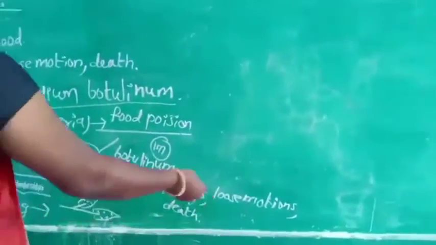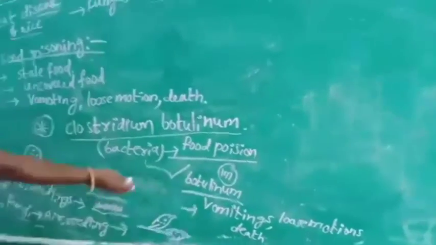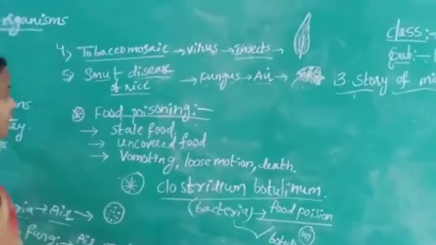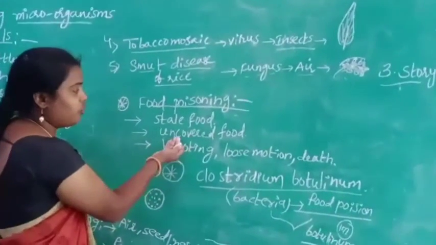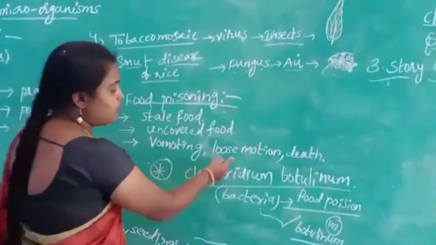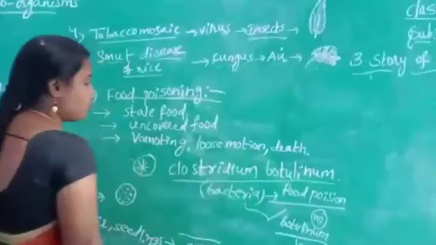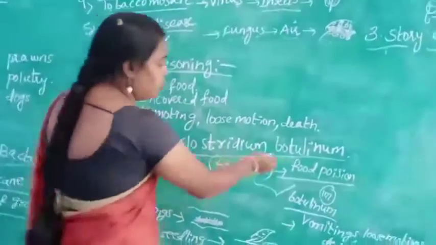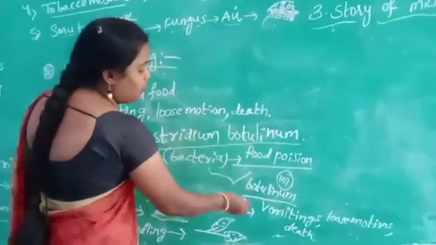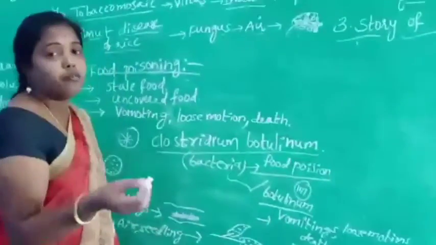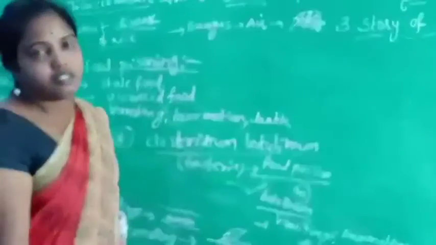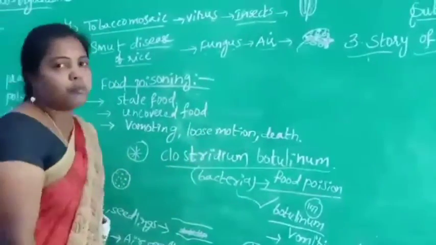Okay, so children, if we eat stale food or uncovered food, it leads to food poison. Food poison leads to vomitings, loose motions, and death also. The bacteria Clostridium botulinum is responsible for food poison. This process is called botulinum. What are the symptoms of botulinum disease? Vomitings, loose motions, and death. Okay, children, this is about food poison.